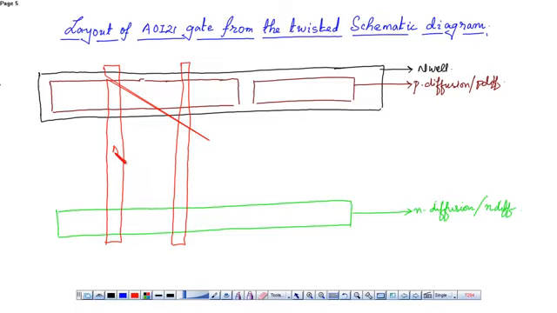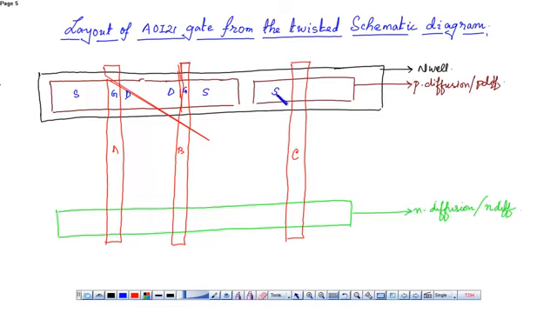Okay, now these are two inputs A and B. This is the third input C. Okay, now we have to connect. This is the source, gate and drain. Okay, similarly this is the source, gate and drain.